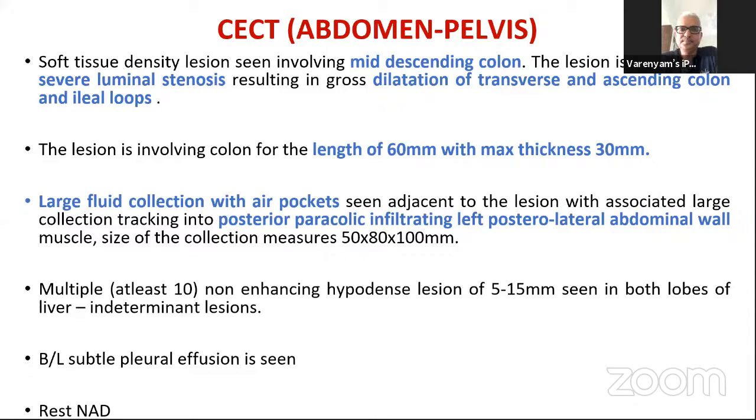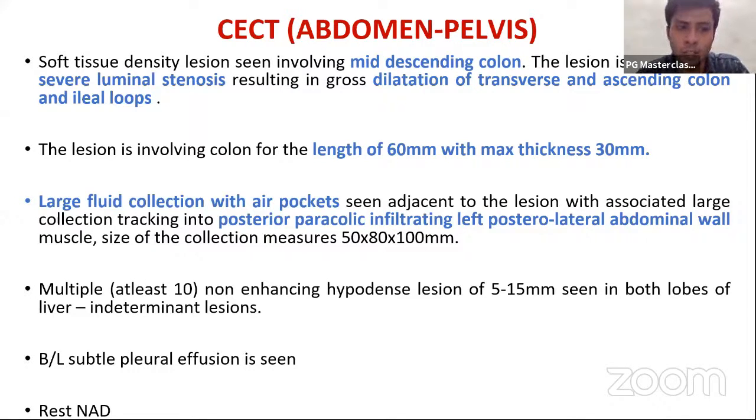So CT was suggestive of a lesion in the mid-descending colon, which was causing severe luminal stenosis and gross dilatation of the transverse and ascending colon and ileal loops. The lesion involved a length of around 60 mm with a thickness of 30 mm.